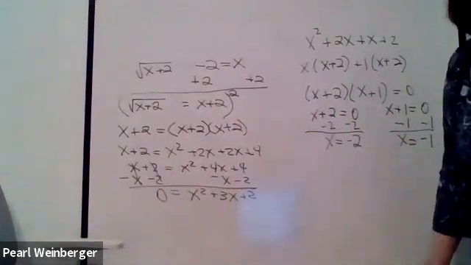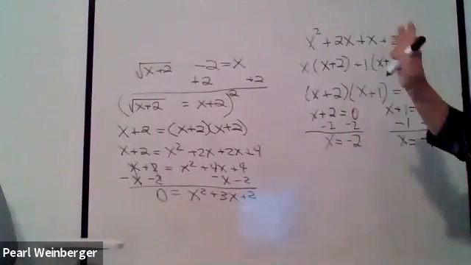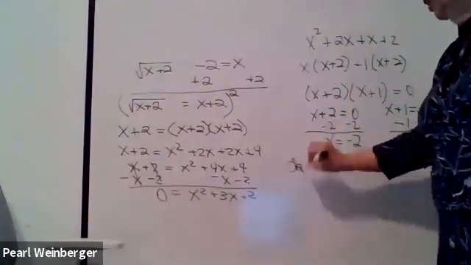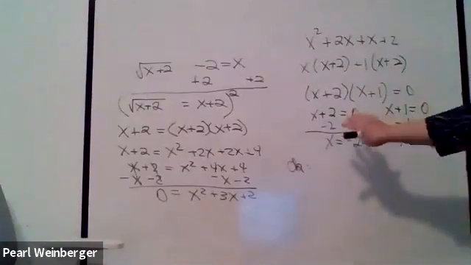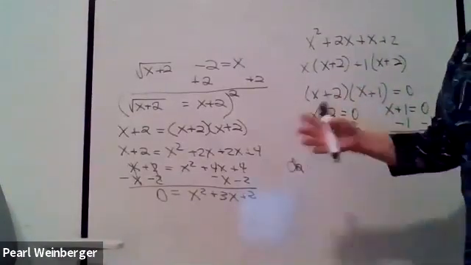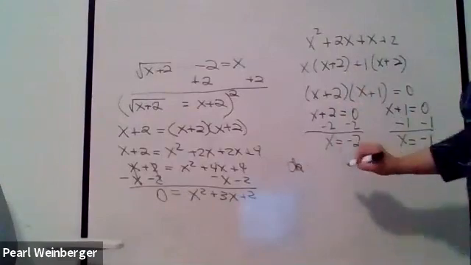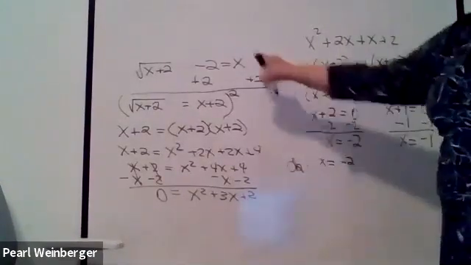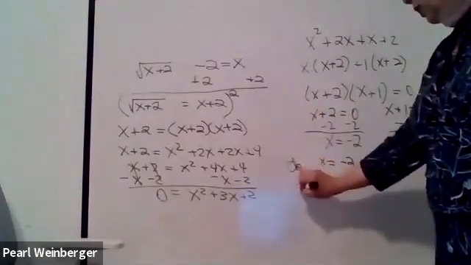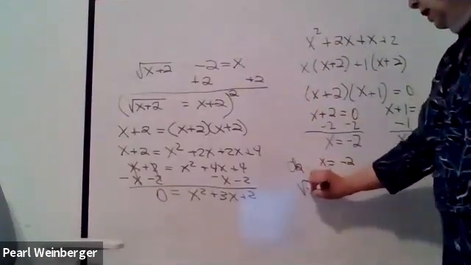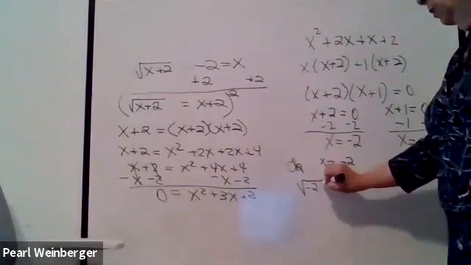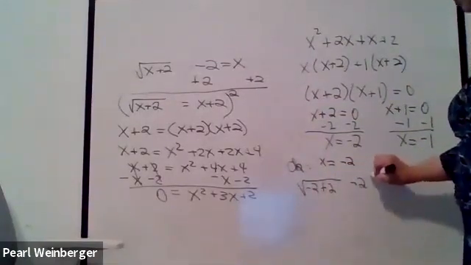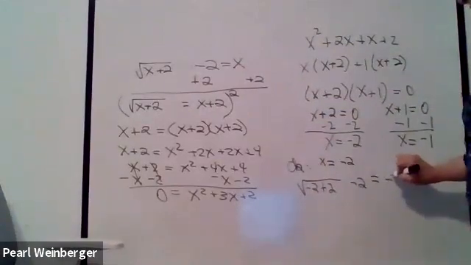And now that I've done that, I must check. Because after all this work, it's possible that one of these answers or both of these answers don't work. So let's check first with x equals -2. Go back to your original equation, and we have the square root of -2 plus 2, minus 2 equals -2.